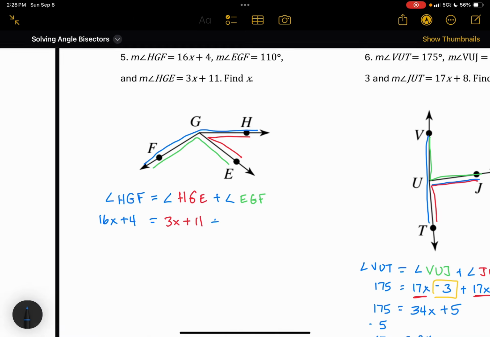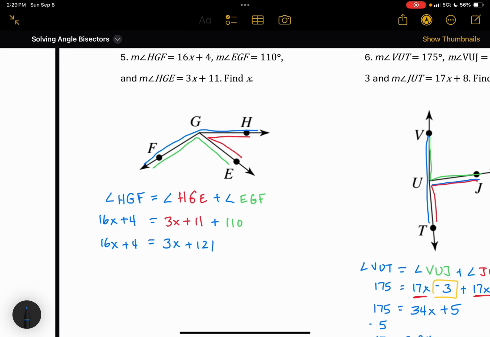And they tell us that EGF is going to be 110. All right, so we need to simplify the right side. So in simplifying the right side, I have 110, and I'm going to add to that the 11, so that's going to leave 16x plus 4 is equal to 3x plus 121.